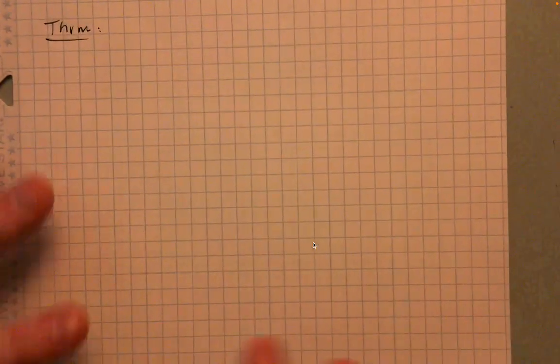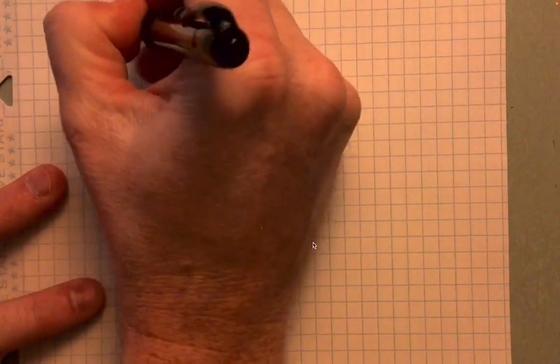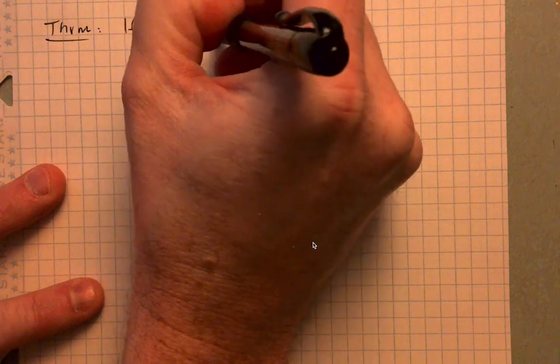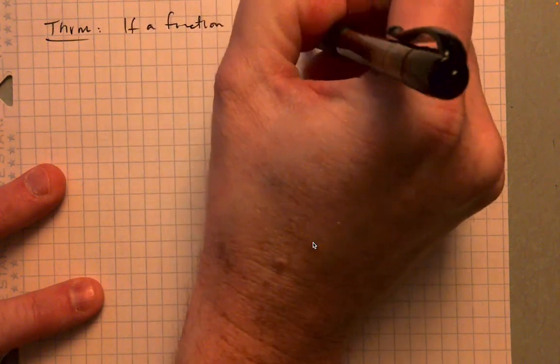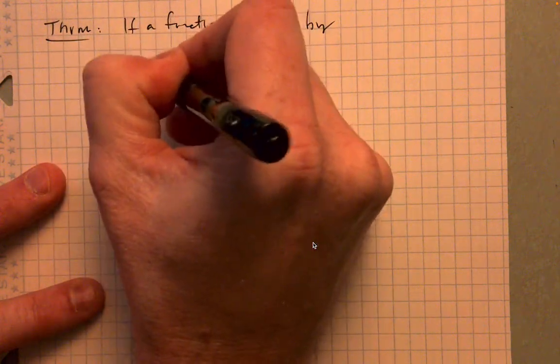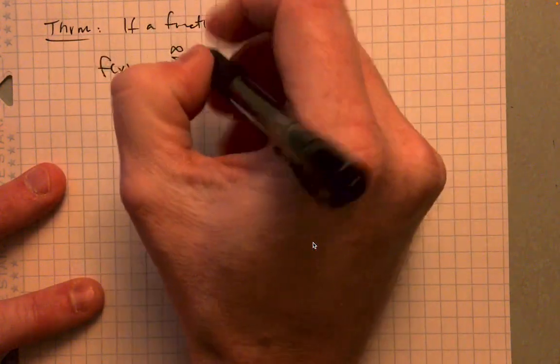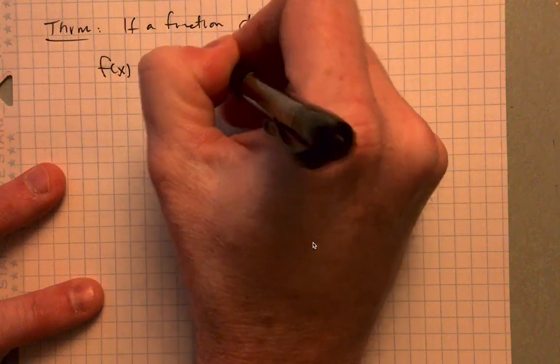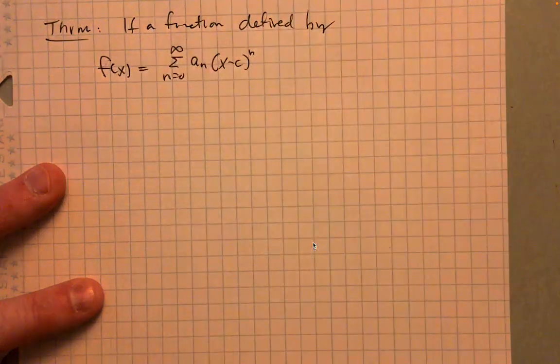Okay, so suppose a function is defined by a power series, f of x equals the sum from n equals 0 up to infinity of a sub n times x minus c to the nth power.